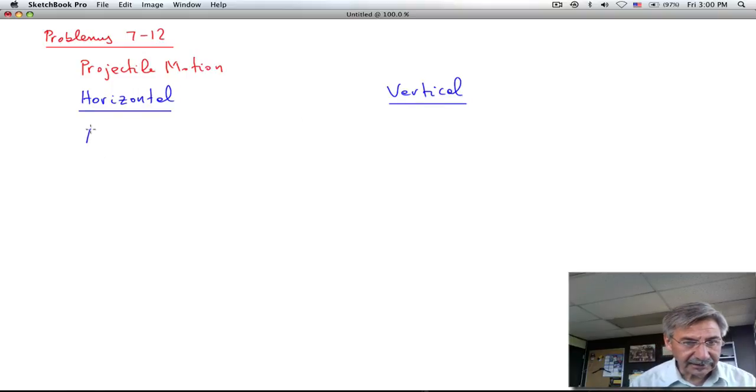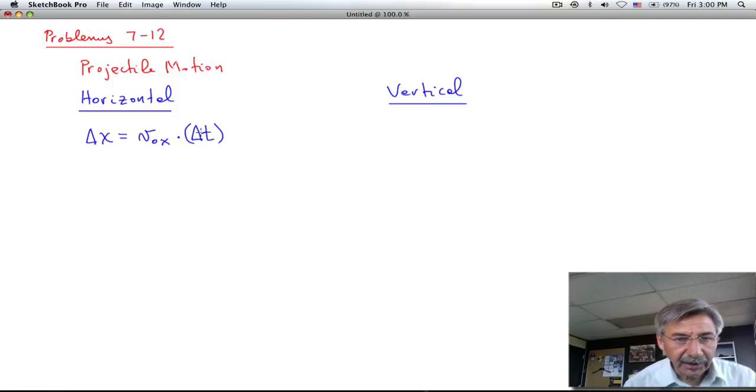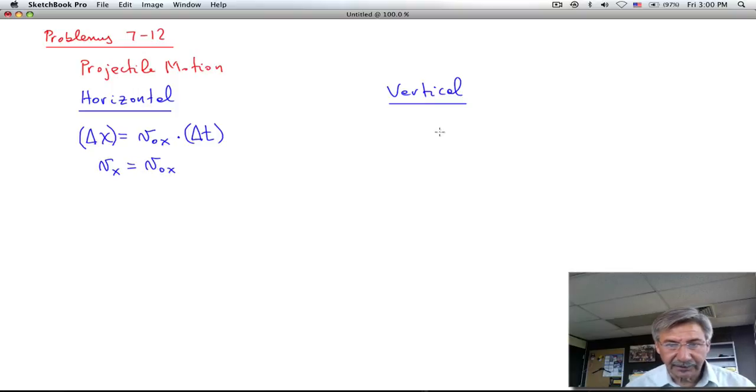The displacement is the initial x component of the velocity of the projectile times the time that has passed. Whether this is the total time of the flight will depend on which position you are calculating. And also the velocity at every time is just the initial velocity, there is no acceleration.